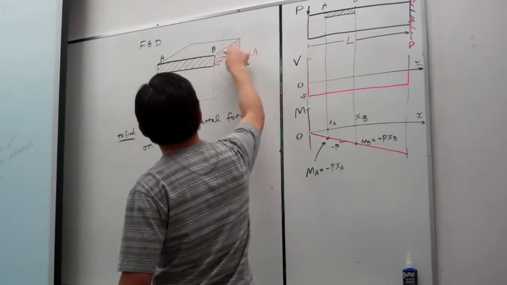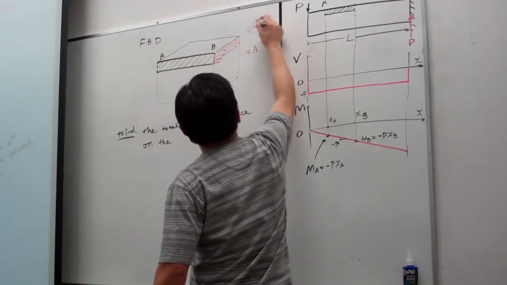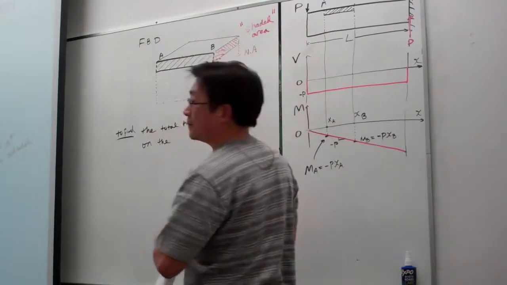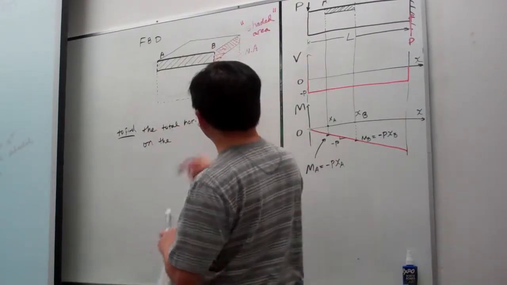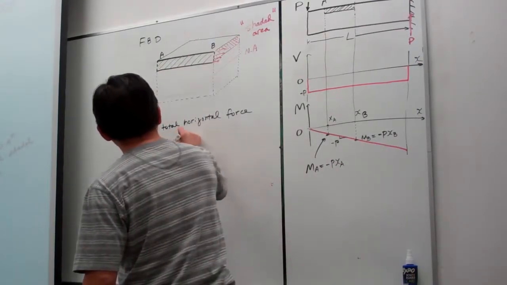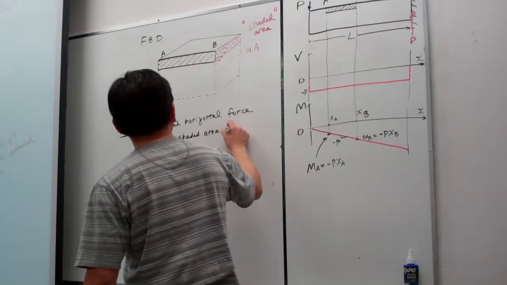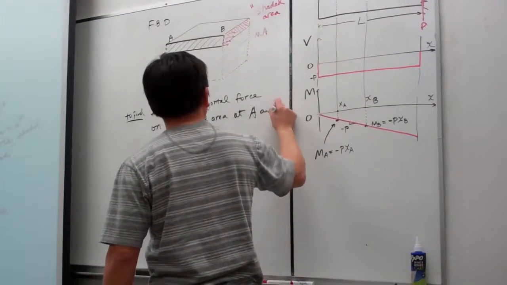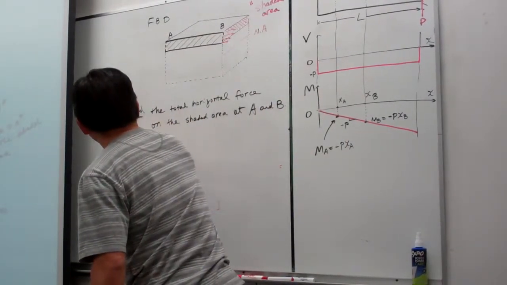This is what we call the shaded area. So we want to calculate the total horizontal force on the shaded area at A and B. Okay, so here is our calculation.